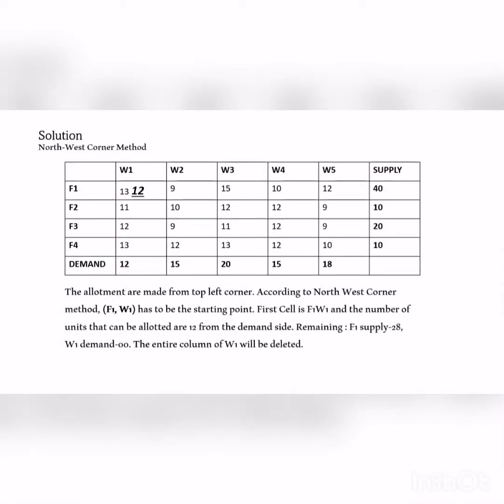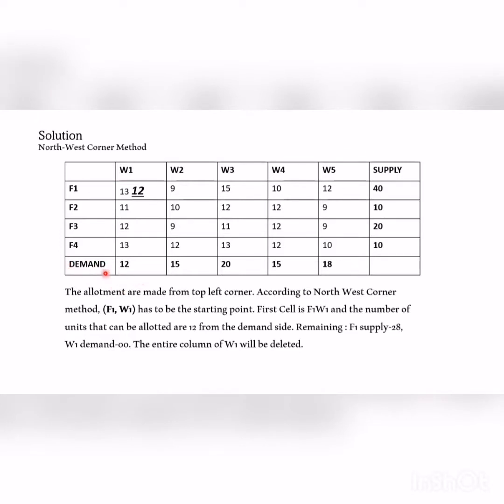Here is our solution for the northwest corner method. The allotments are made from the top left corner, because according to the northwest corner method, F1 and W1 has to be the starting point. First cell is F1 and W1, and the number of units that can be allocated is 12 from the demand side.